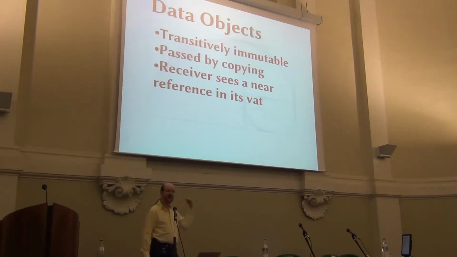Now, whenever you pass one of those, it's just copied across because the object can't change. So any copy of that object is equivalent. So they're just passed by being copied across the wire. And then the receiver sees that as a near reference in the receiving vat.